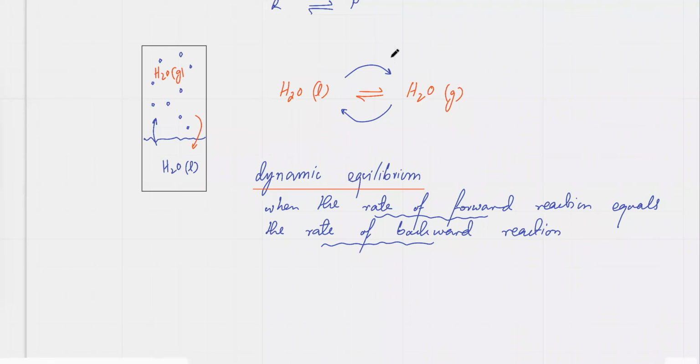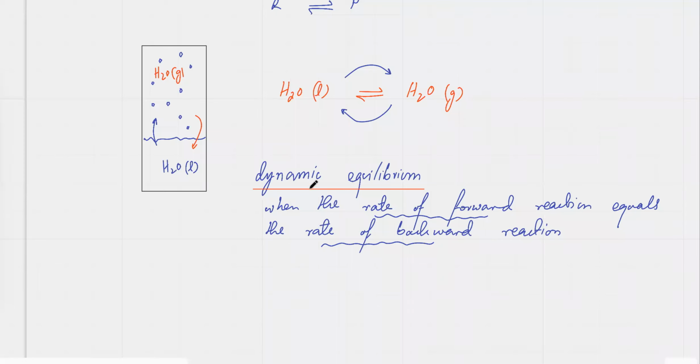If every second 100 molecules evaporate in the forward reaction, and every second 100 molecules condense back, the net quantity of water vapor remains constant.